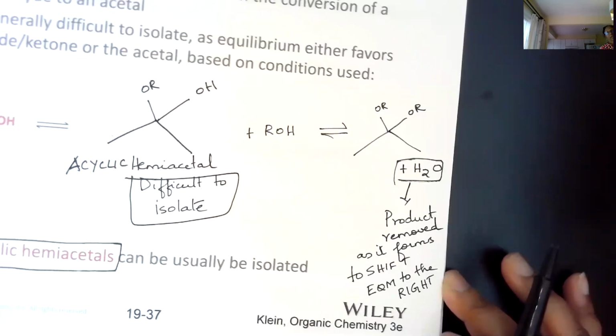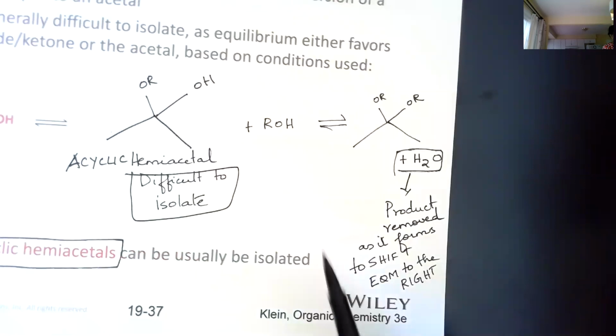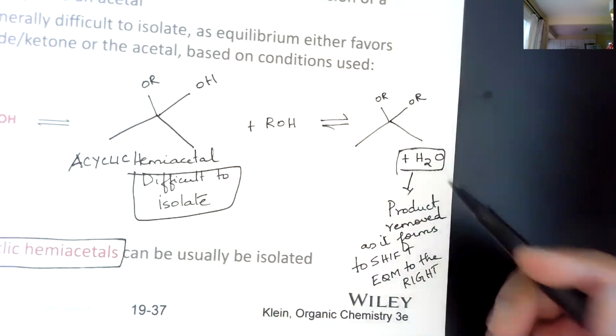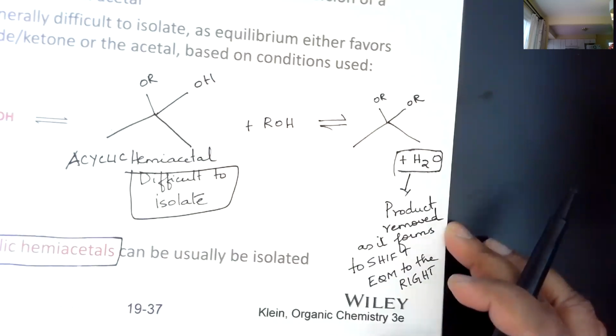Again, a lot of theory. We're not going into the details of it. But just remember that this is an equilibrium, and so any of the factors that influence the equilibrium to form products apply here based on Le Chatelier's principle.